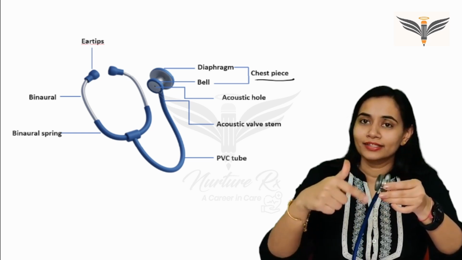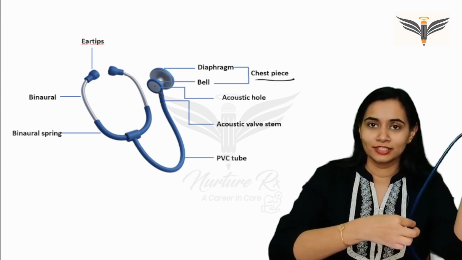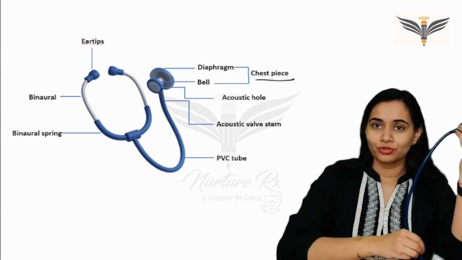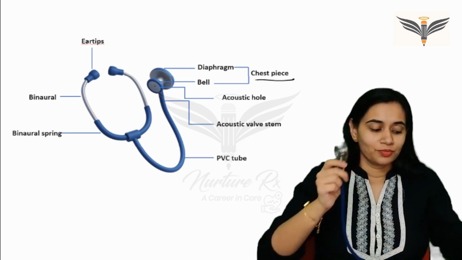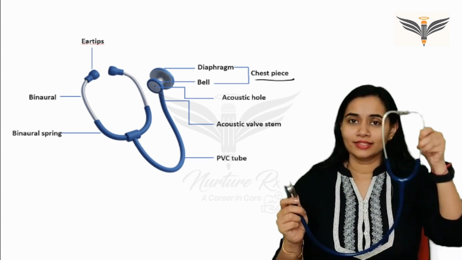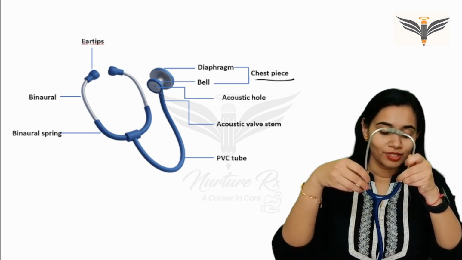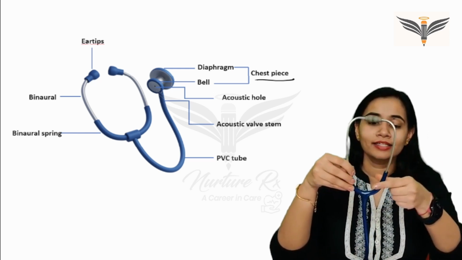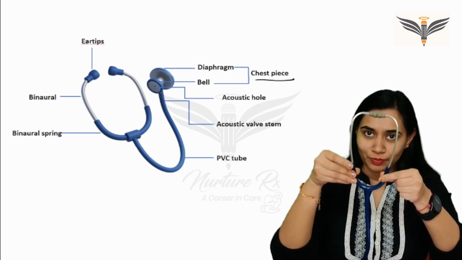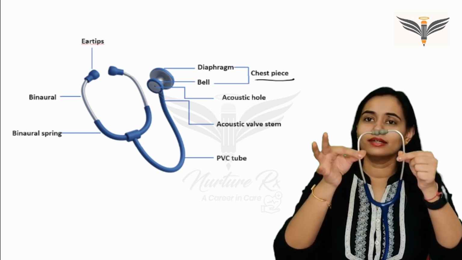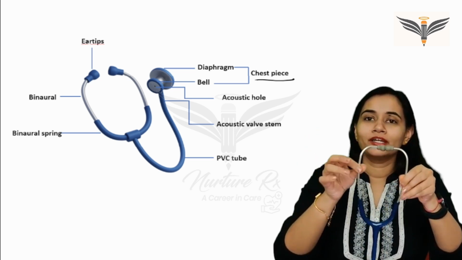Now, having read the chest piece, this is the tube. This is the PVC lining tube which is connecting this chest piece to this earpiece. Now, once it reaches here, you can see in the diagram, this is the binaural spring and this is the binaural. So, what is binaural?